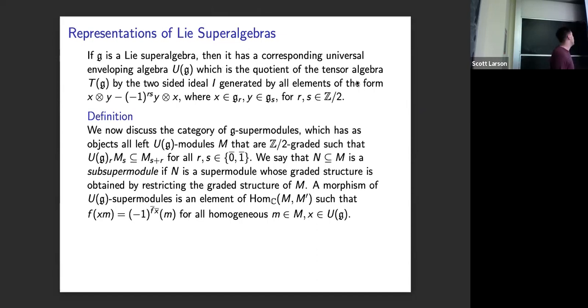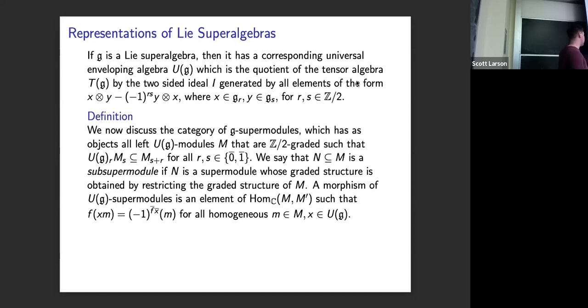So I have this slide here where I just remind you what a representation of a Lie superalgebra is, but given the time, I'll go through this quickly. Given a Lie superalgebra, you can form the tensor algebra, quotient out by this ideal to get the universal enveloping superalgebra U(G), which is a superalgebra in the normal sense.